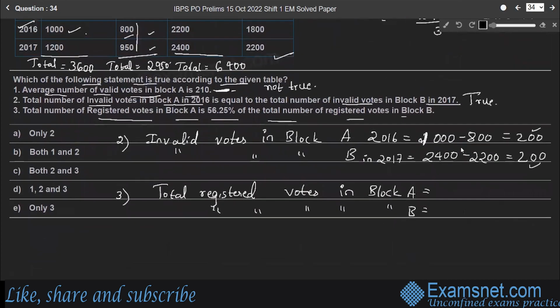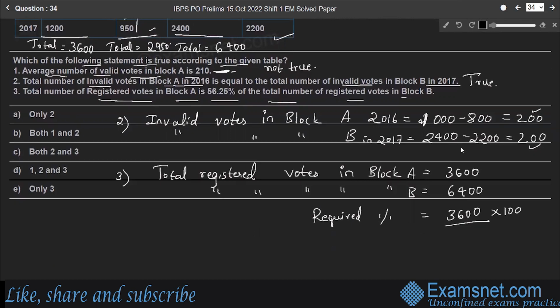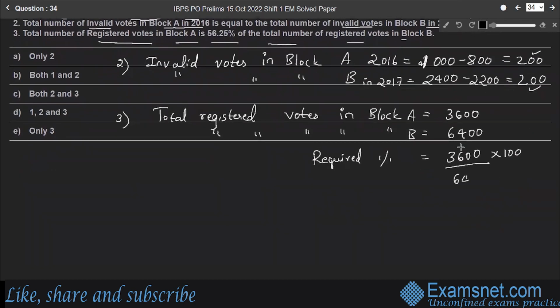So the required percentage: 3600 in block A, 6400 in block B. Total registered votes in block A, 3600, is what percentage of total registered votes in block B, which is 6400, right?